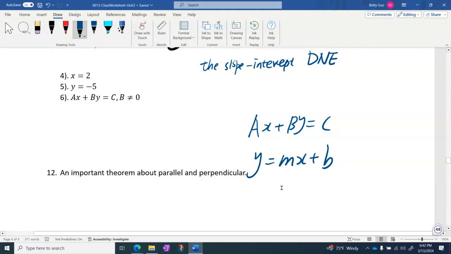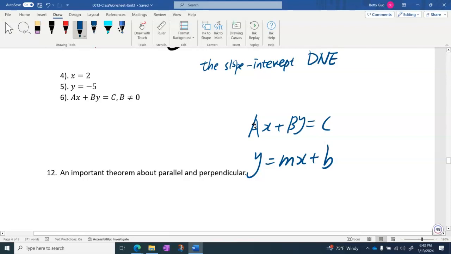Slope-intercept form does not apply to vertical straight lines because vertical straight lines do not have slopes. So of course, it does not have a slope-intercept form, right? And the standard form, even though it looks more complicated compared with slope-intercept form, applies to any straight line.